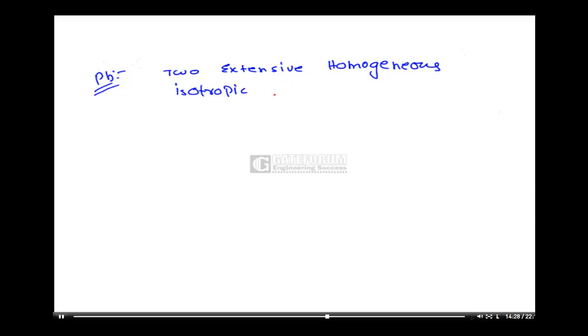Now, we will discuss a problem on this boundary condition. The problem is: two extensive homogeneous isotropic dielectrics meet on plane z is equal to 0.